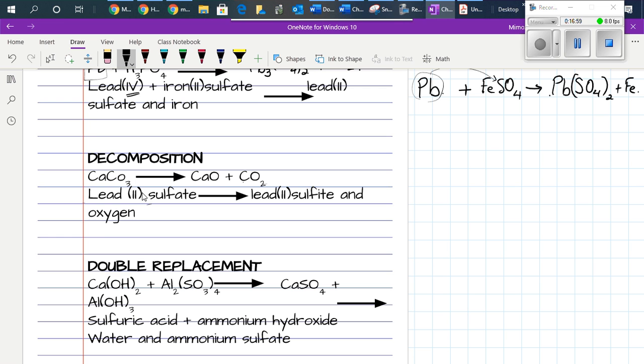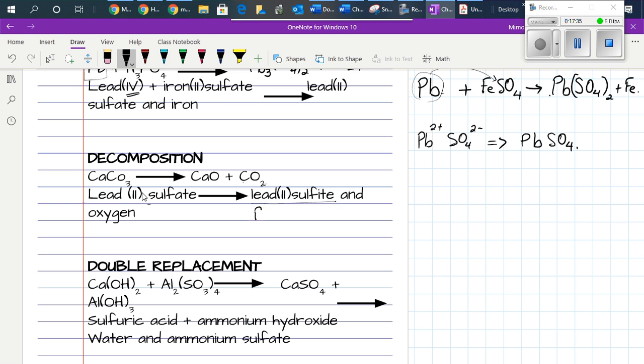And now the next one is in words. So lead 2 sulfate, lead Pb2+, sulfate we said is SO4 2-. So the formula for this will be PbSO4. It is decomposed into lead 2 sulfite, and sulfite is SO3.